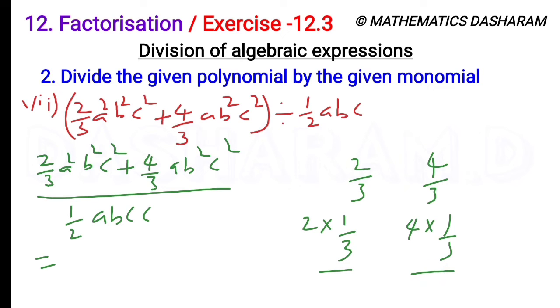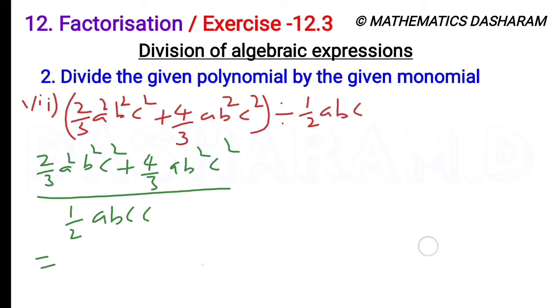From these two, we can take 2 into 1 by 3 common. So then here 1, and out of 4, 2 is already common, so then 2 will be there. So overall, 2 into 1 by 3 bracket of 1 plus 2. So like this, you will get the answer.